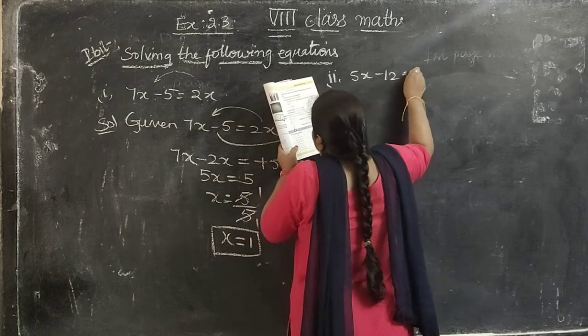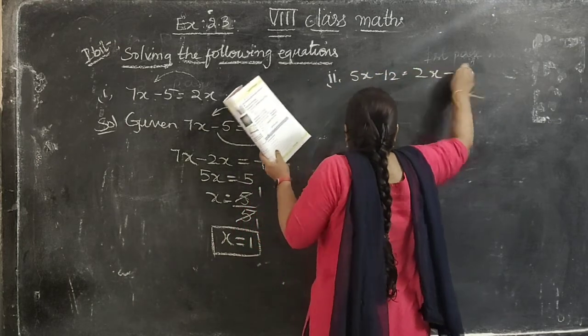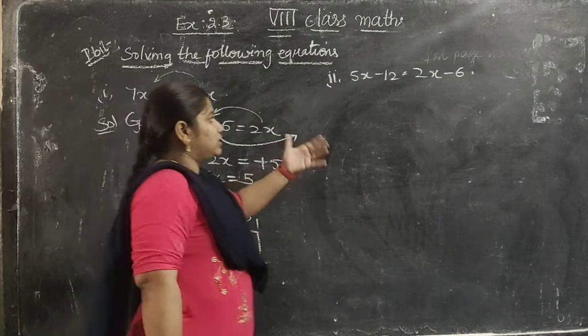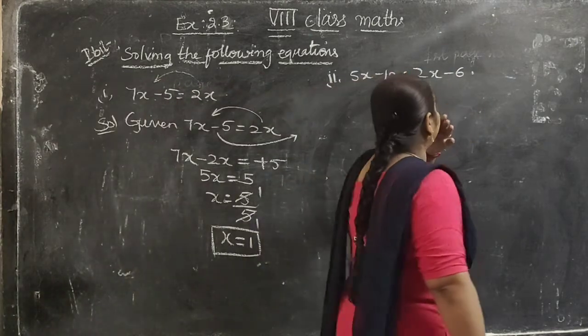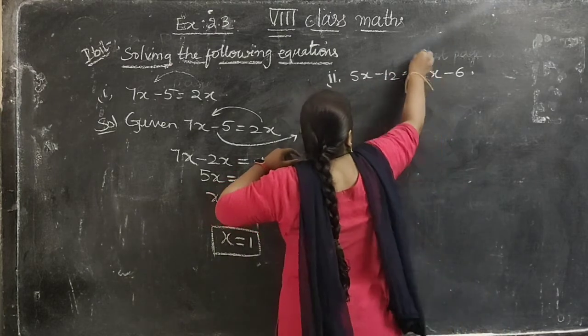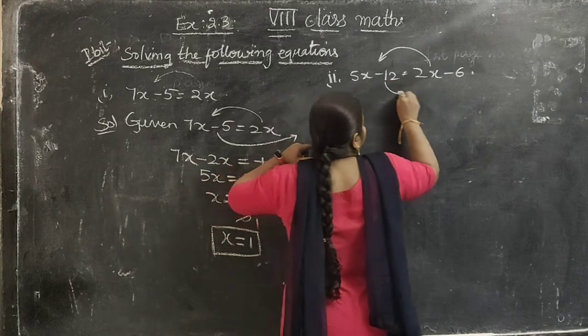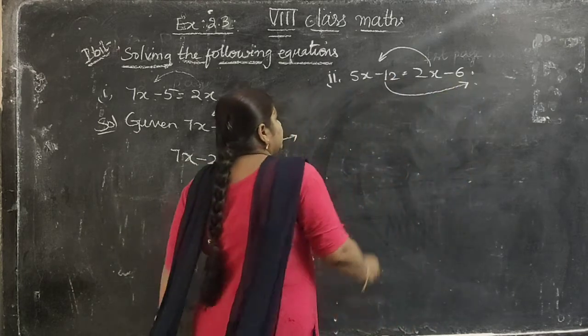Second one. 5x minus 12 is equals to 2x minus 6. In the same way, all the variables you send to one side and all the constant values you send to the other side. So I am sending this 2x to this side and minus 12 I am sending to the right side.